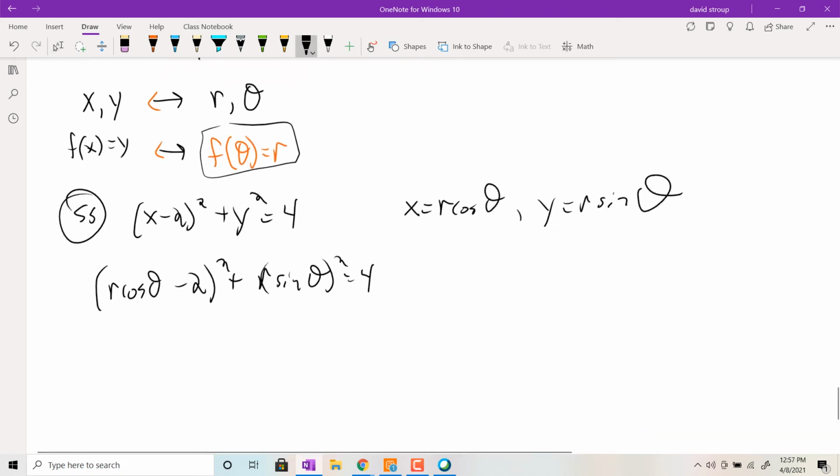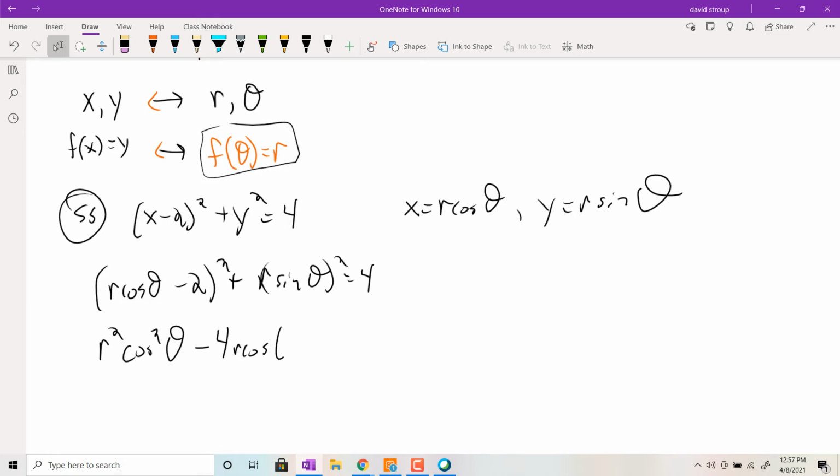And then I'm going to FOIL that first guy out, so I have r squared cosine squared theta minus 2r cosine minus 2r cosine is 4r cosine theta, and then plus 4 plus r squared sine squared theta equals 4.